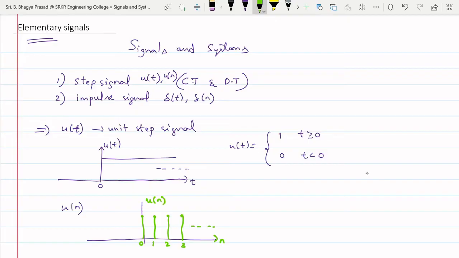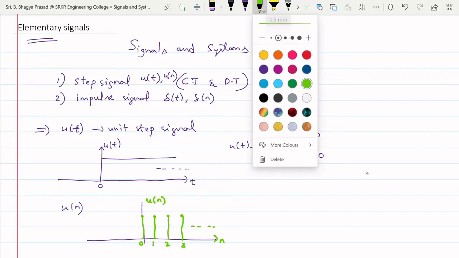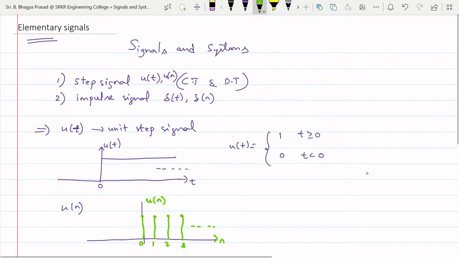This is u of n, and it is given as 1 for n greater than or equal to 0 and 0 for n less than 0. So you can write it as n less than or equal to minus 1 also. Like this you define the step signal in continuous time and discrete time.